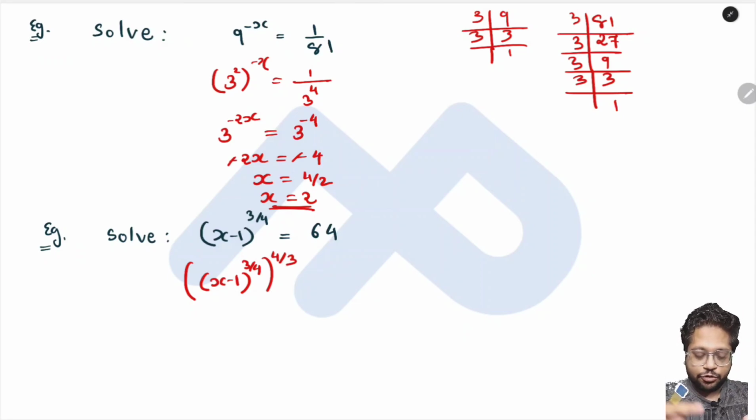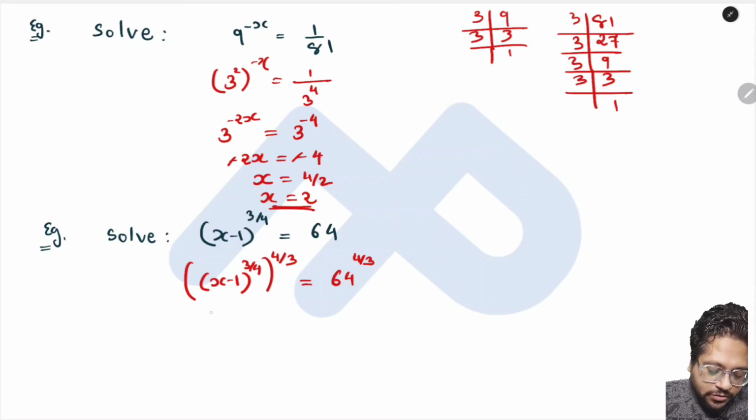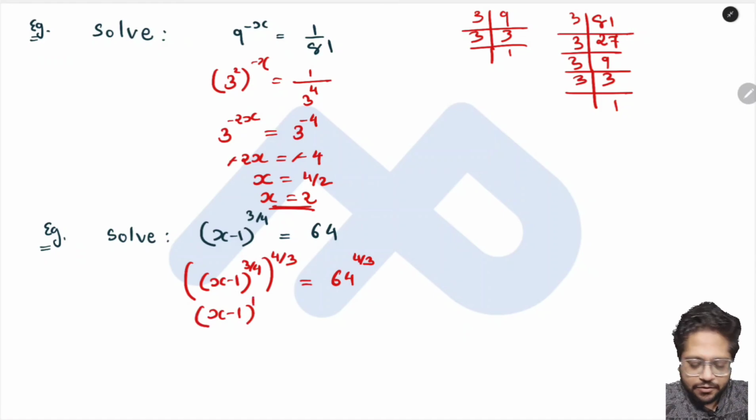Basically I'll have to do the power's power. And I'll do the same thing on the right hand side, because on the left hand side I did the power 4 by 3, so on the right hand side also I'll have to put power 4 by 3. Now 3 by 4 times 4 by 3 is 1 only, so it becomes x minus 1 to the power 1, which is nothing but x minus 1 only.